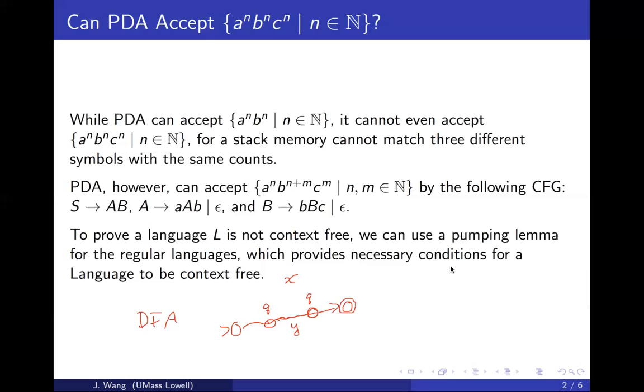As long as the tree is high enough, where this derivation tree means we start from a context-free grammar, there will be at least one variable on a path that appears more than once. So from that point, you still have a pumping lemma.